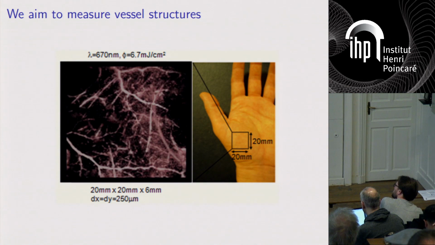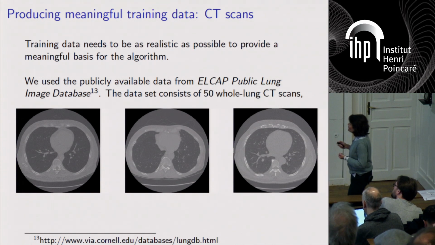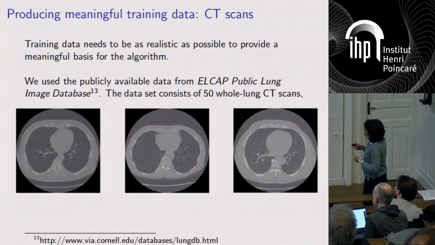Okay, I have said it before. This is the type of data we want to reconstruct, and to train this we had to get some vessel images. The vessel images were taken from the CT database of the lungs.